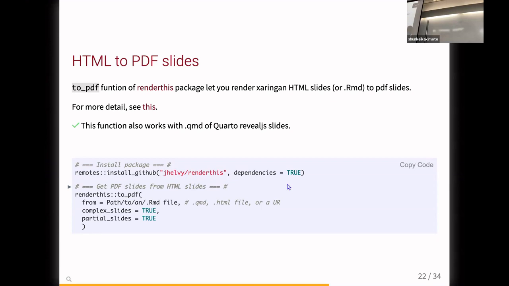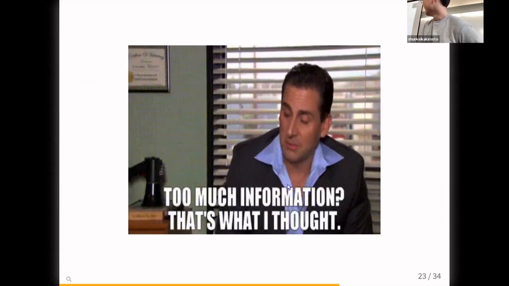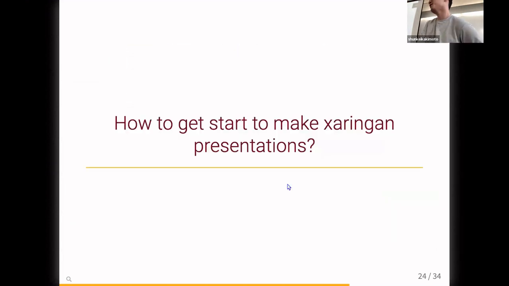If you specify complex slides equal to true, then the function figures out how to create a PDF if you have complex slide styles. Yeah, it's too much information.